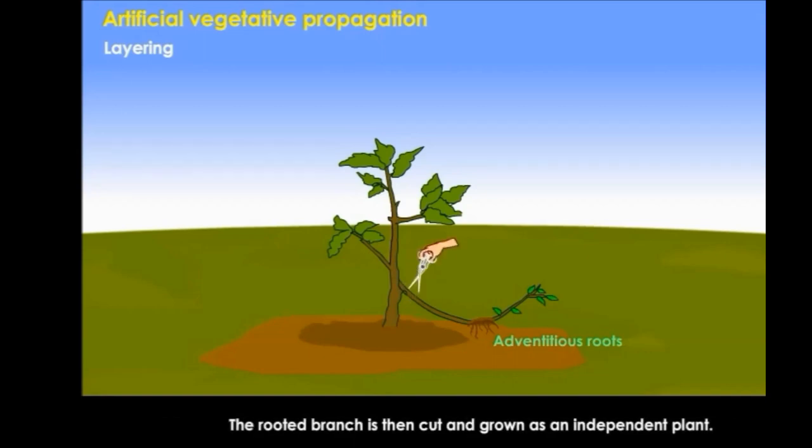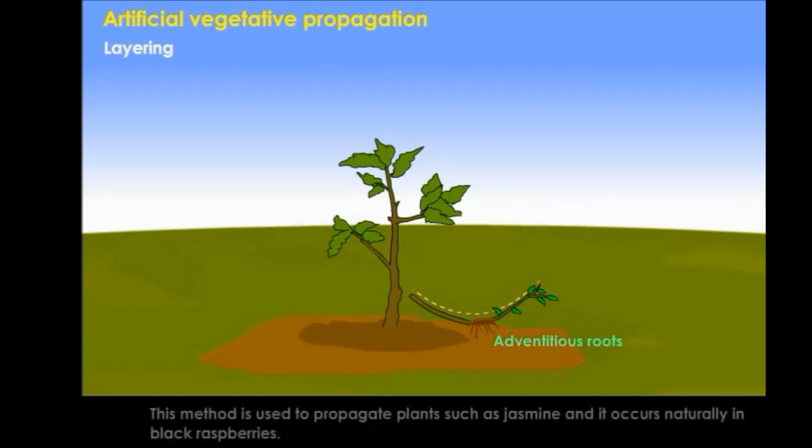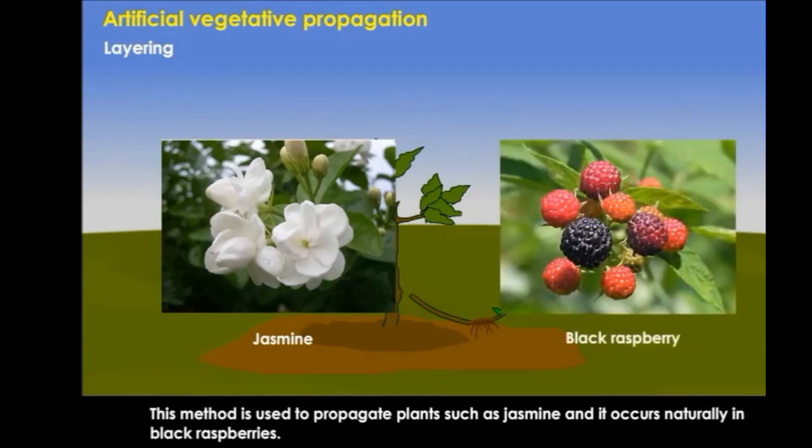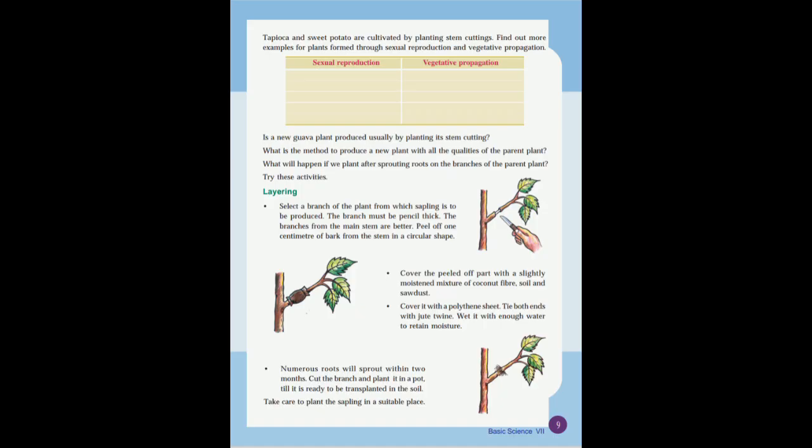The rooted branch is then cut and grown as an independent plant. This method is used to propagate plants such as jasmine, and it occurs naturally in black raspberries. So that process is known as layering.